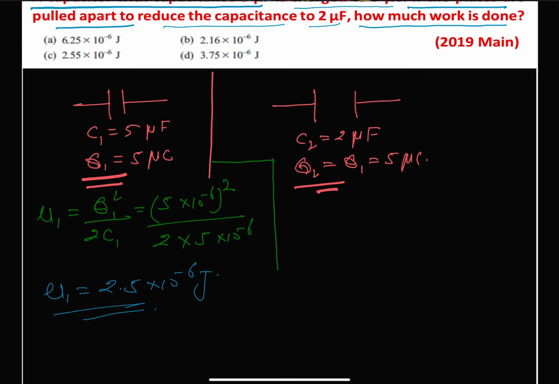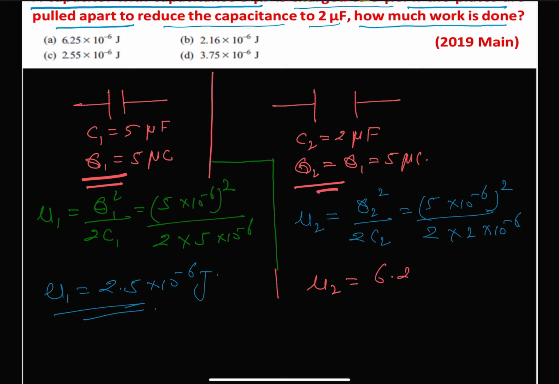Similarly, we can find out our U2. U2 will be equal to Q2 square divided by twice C2. Charge is same, that is 5 into 10 to the power minus 6 whole square divided by 2 into 2 into 10 to the power minus 6. So we get our U2 will be equal to 6.25 into 10 to the power minus 6 joules.